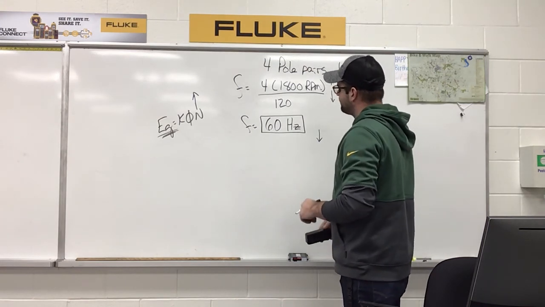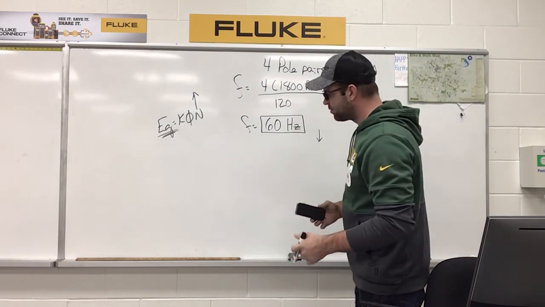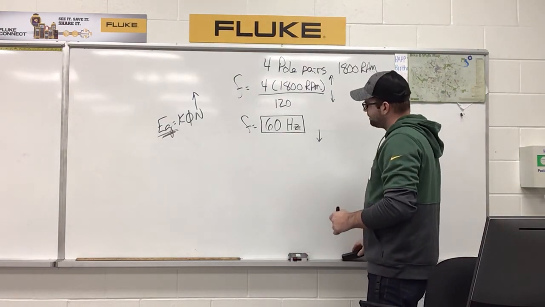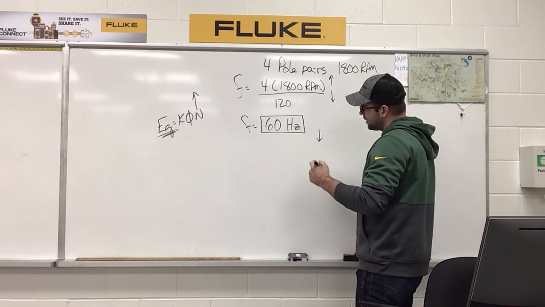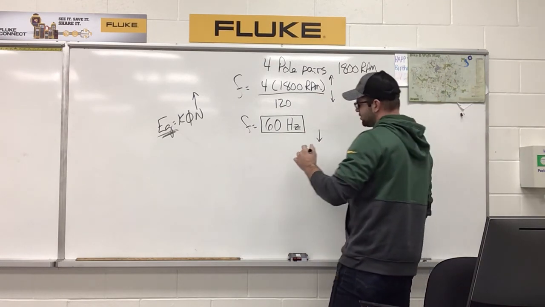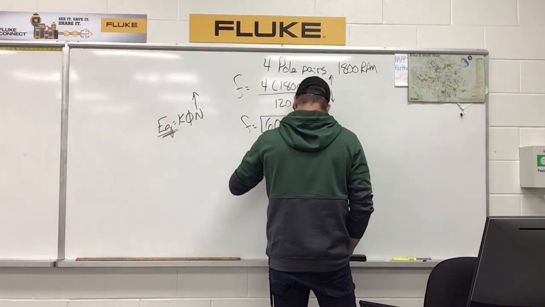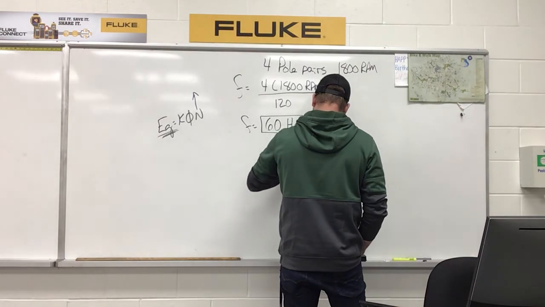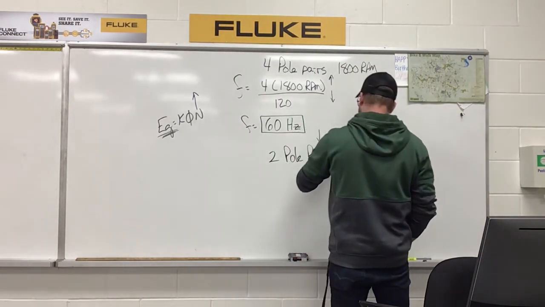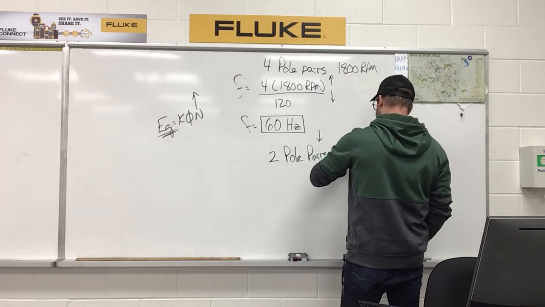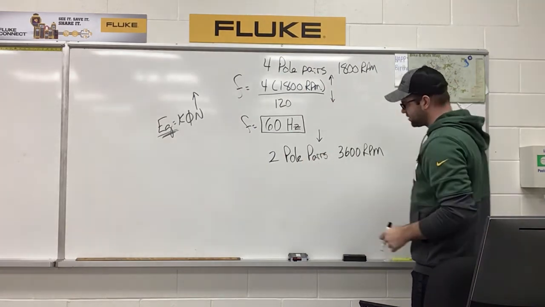An interesting thing to remember, we were talking about similar frequency outputs. Let's say I have 2 pole pairs, and we have 3600 RPM, and I want to know what the frequency of that is.